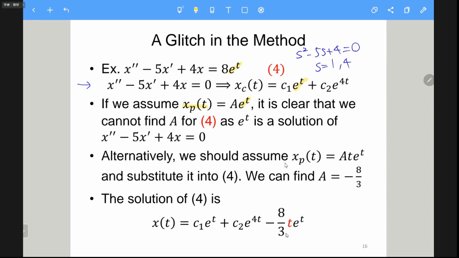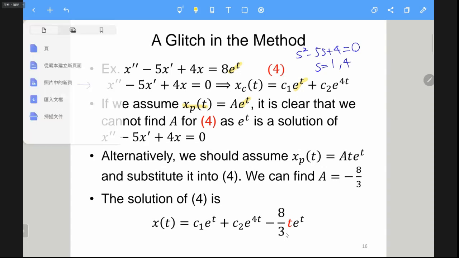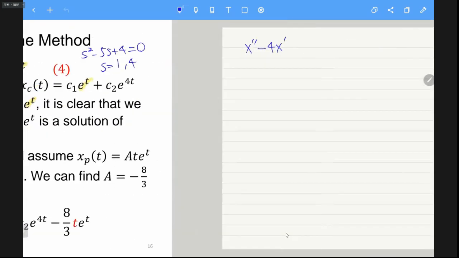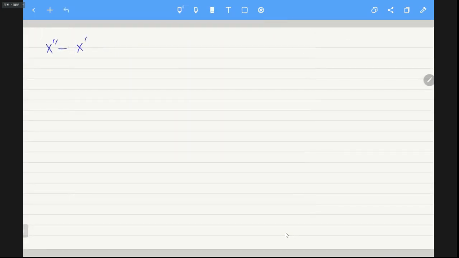You may ask why we need to multiply by t. Last time I already told you that. Let me try to show you. We have x double prime minus 5x prime plus 4x equals 8 exponential to t.